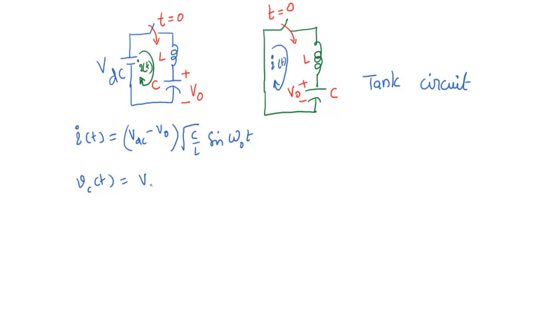Now you can see that both are the same, the only difference is that this circuit has the DC source, but this circuit has no DC source. That means in the same equations, in the tank circuit there will not be any source voltage. So if you rewrite these equations, these are the tank circuit equations. You need to remember these things.